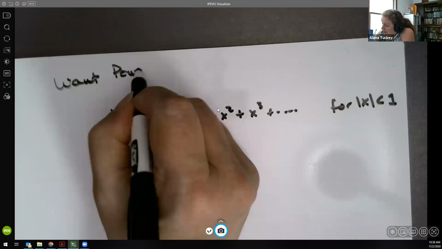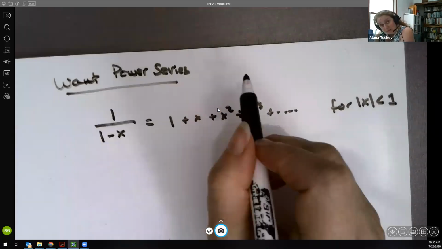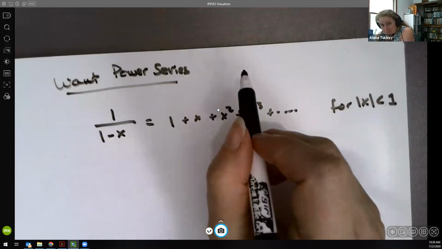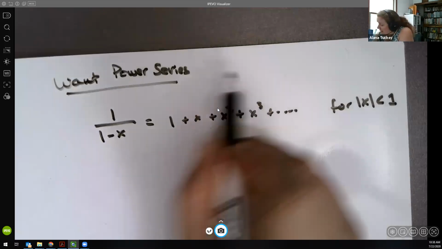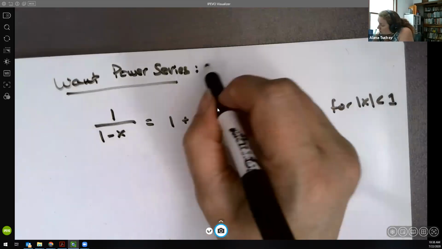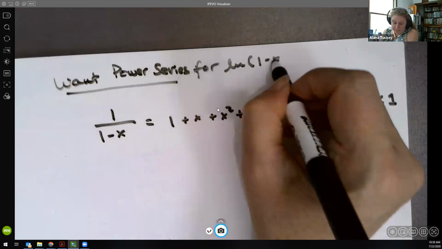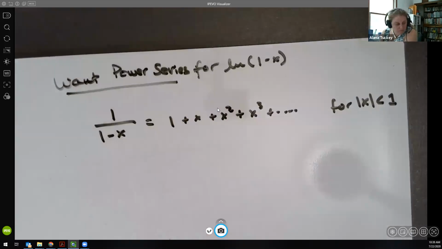Now you guys get why we called them p-series earlier, the ones we were working with in chapter 10, because these are power series. Power series are a different thing. So I want a power series for the natural log of 1 minus x. That's my goal. Good so far?